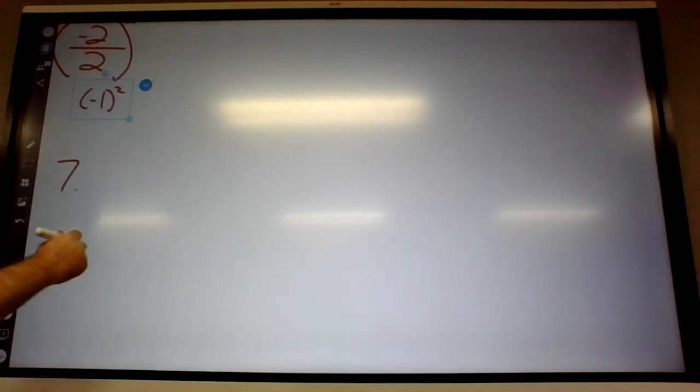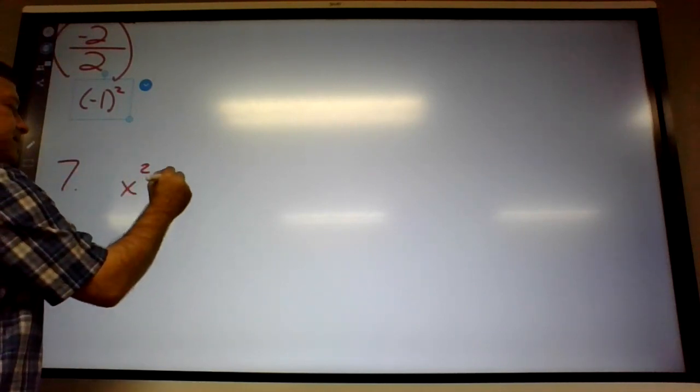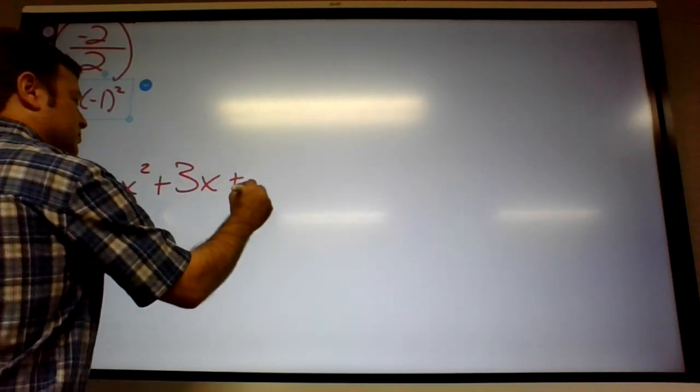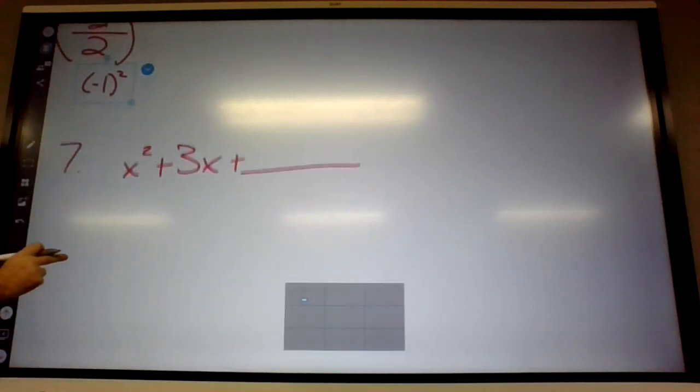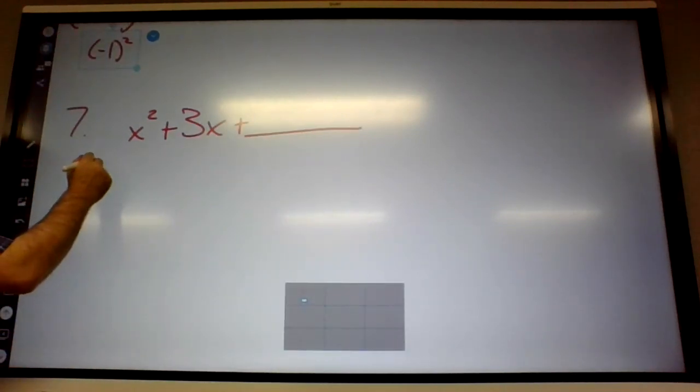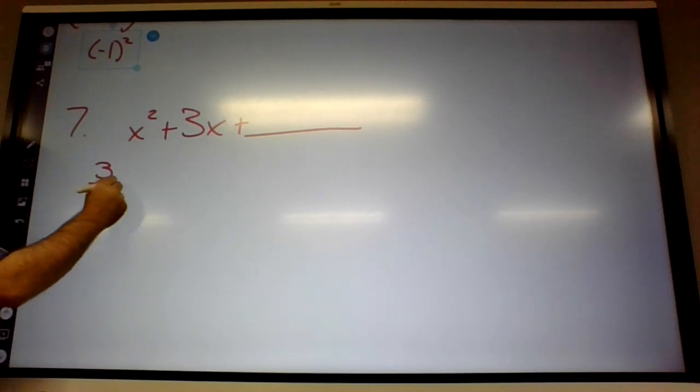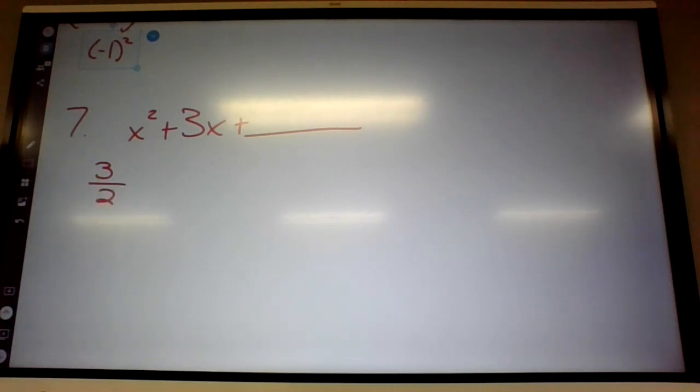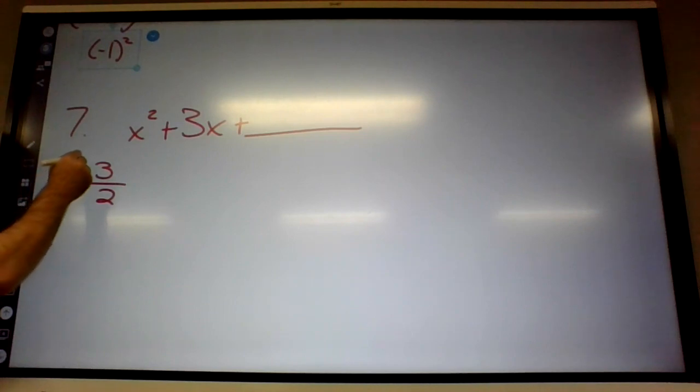X squared plus 3x. Uh-oh, we're in trouble now. Alright, so we're going to do the 3 divided by 2. Well, what's 3 divided by 2? Like 1.5, but we're not going to do that. So we're going to leave it as 3 over 2.